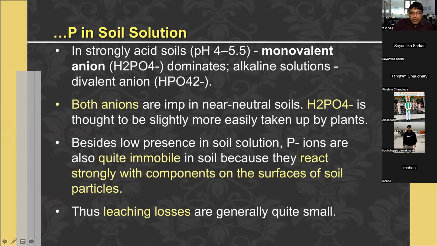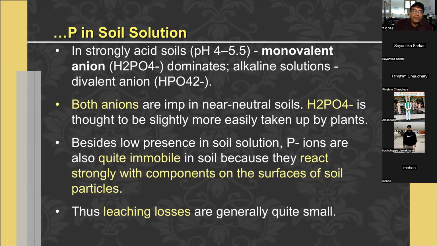Besides low presence in soil solution, phosphorus ions are also quite immobile in soil because they react strongly with compounds. The leaching losses are generally quite small. This is important: phosphorus is mainly lost by soil erosion or plant uptake.